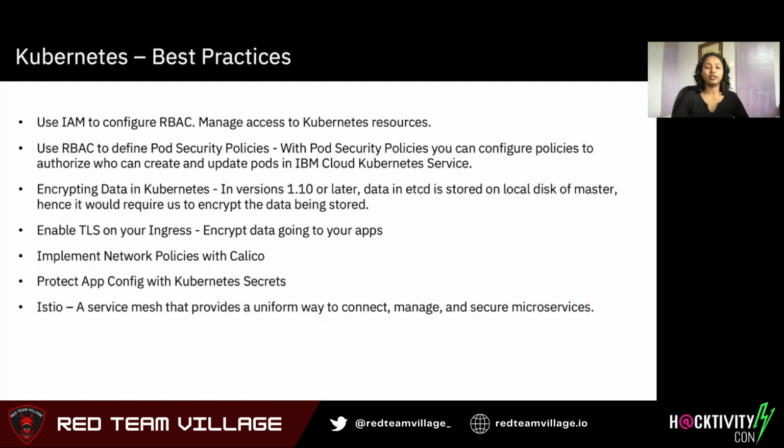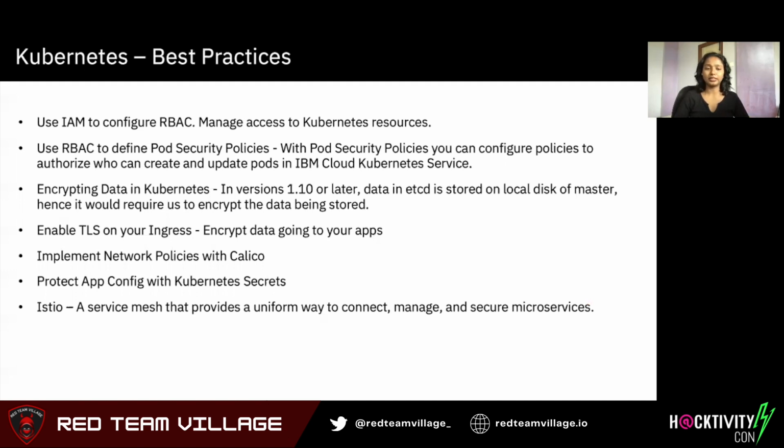And then in later versions of Kubernetes, later than 1.10, the data that resides in etcd is stored on the local disk of the master. Hence, it would require us to encrypt this particular data that's being stored if you don't want any data at rest to be risky, right?